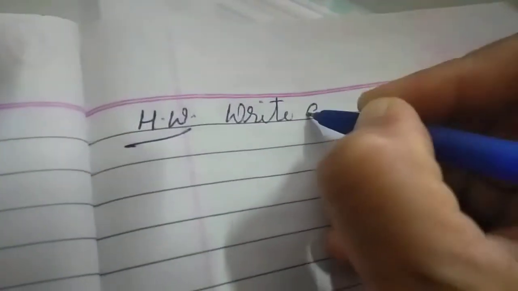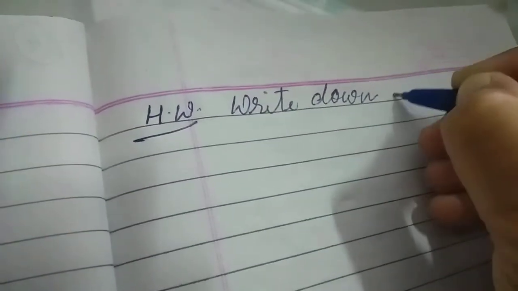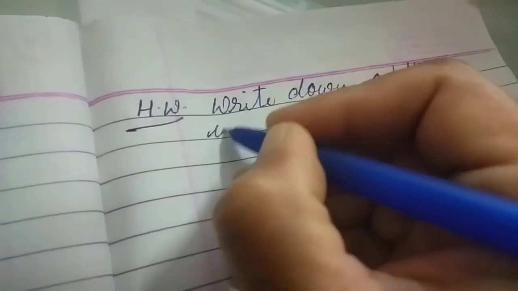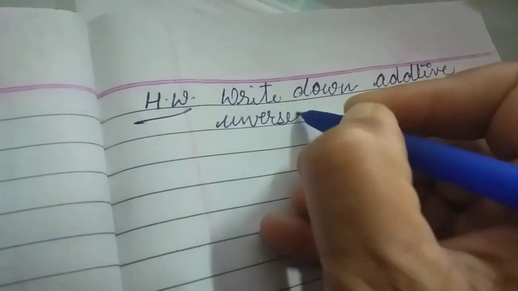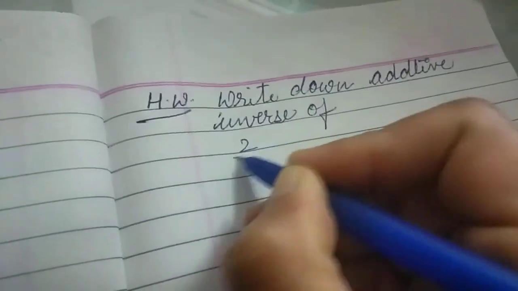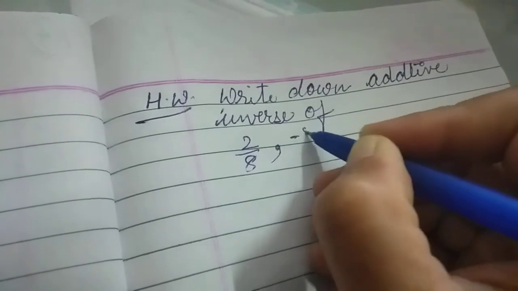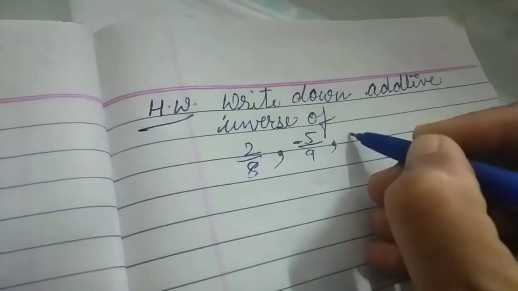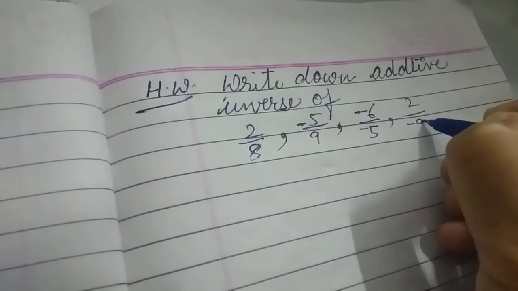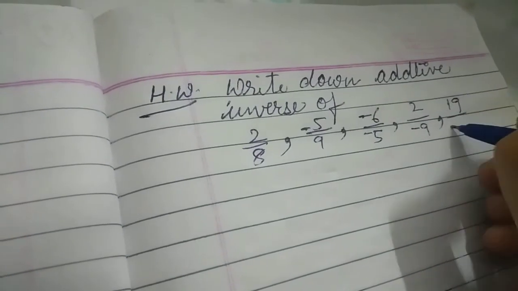Now you have to write down the additive inverse of, this is also homework: 2 upon 8, minus 5 upon 9, minus 6 upon minus 5, 2 upon minus 9, and 19 upon minus 6.